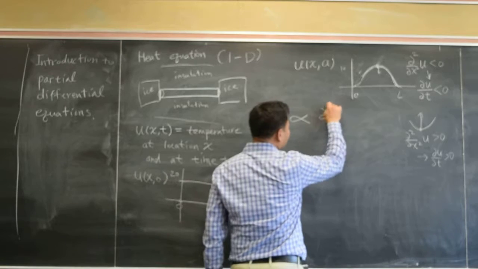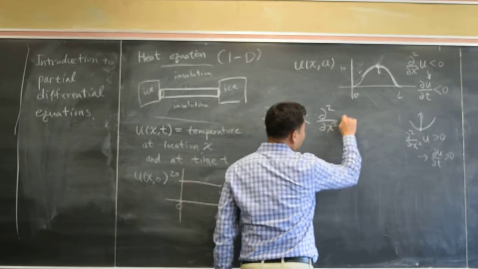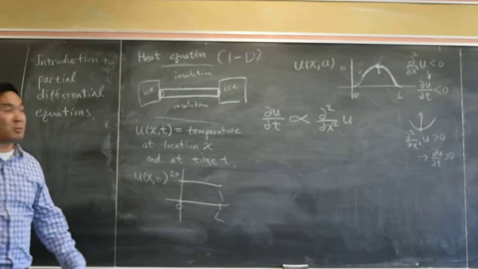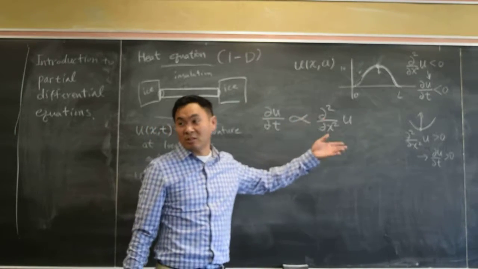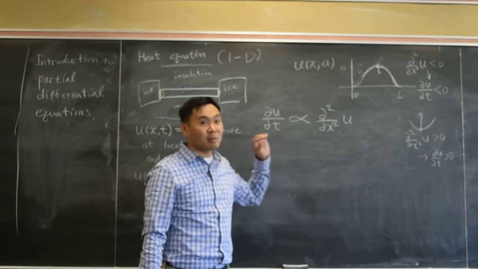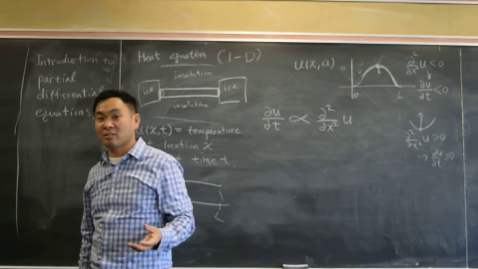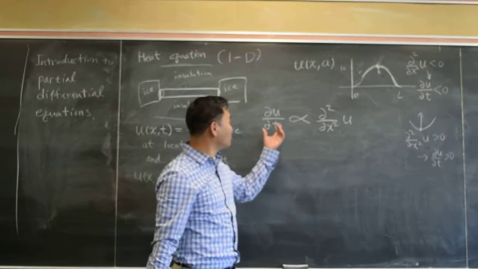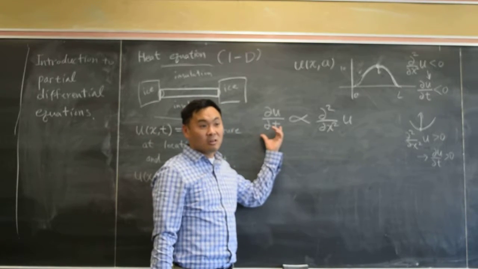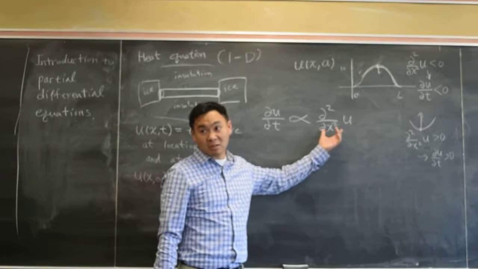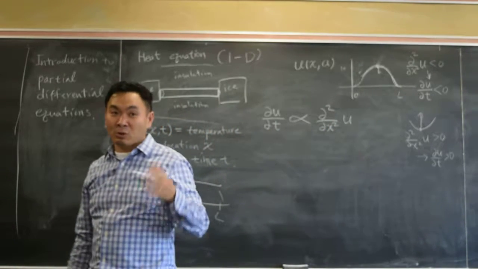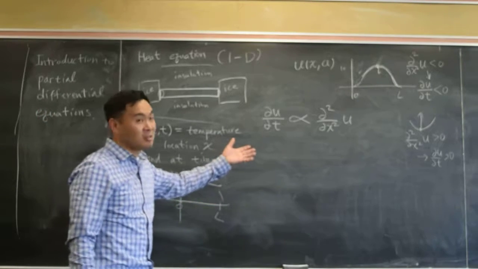The second partial in x of u. That's what you gain after drawing a few pictures and thinking about how the temperature would be affected by the concavity: the rate of change of the temperature should be proportional to the concavity. Okay? You can actually prove this by using Newton's cooling law, but we're skipping that. It just kind of makes sense.